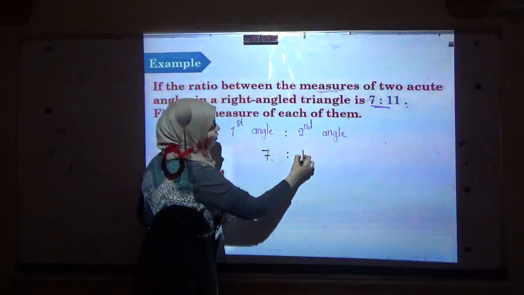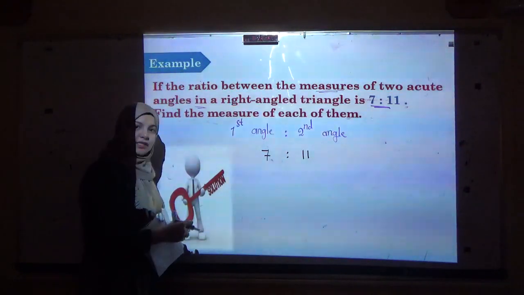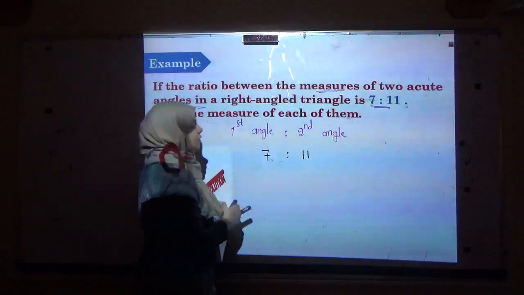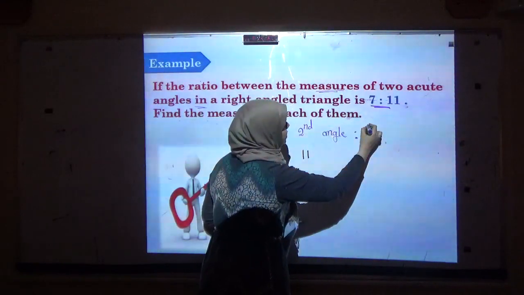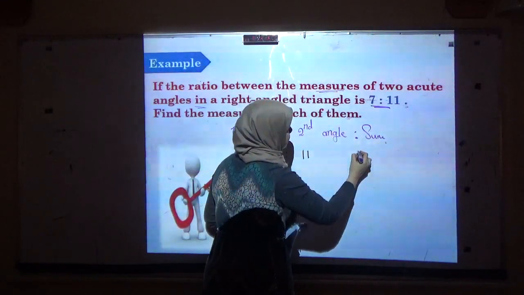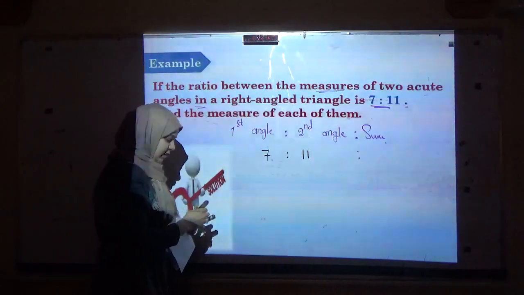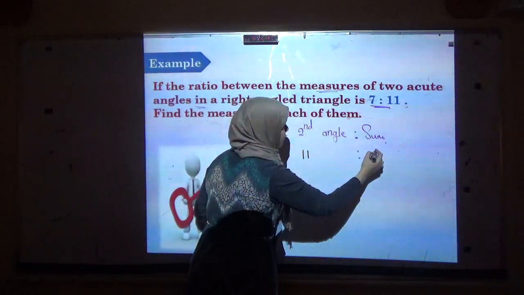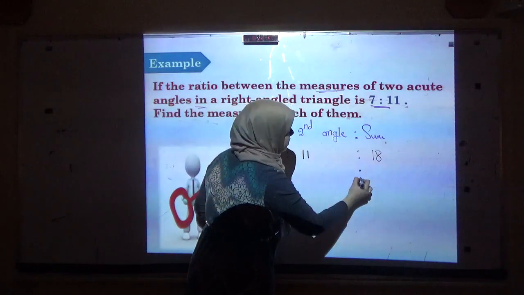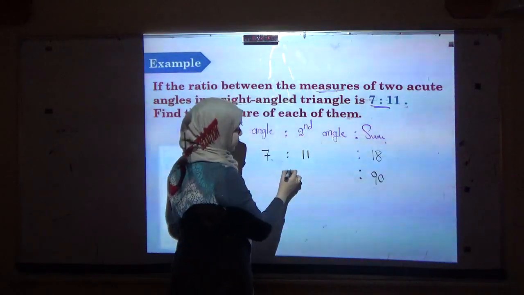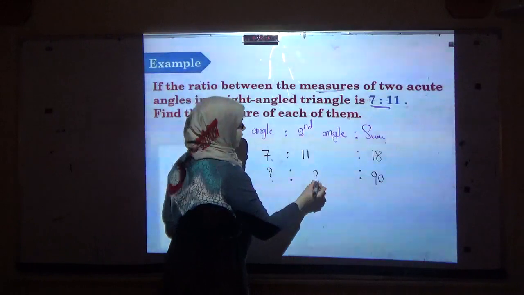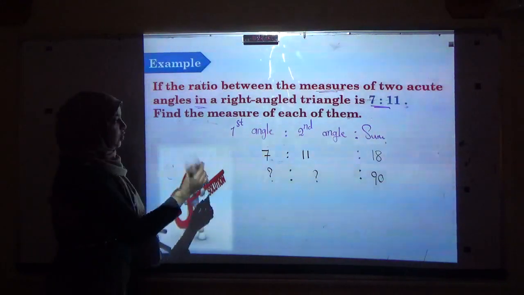Okay? And we know the sum of these two acute angles, so we will add sum. 7 plus 11 equals 18. And put the real sum in the third line. Now we can find the measure of each angle.